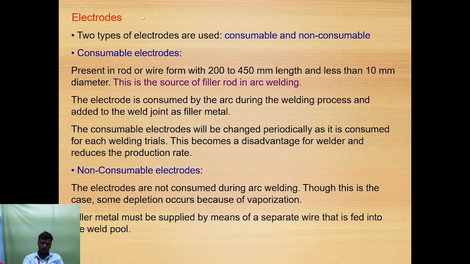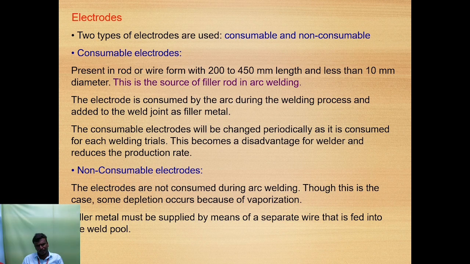Two types of electrodes are used: consumable electrodes and non-consumable electrodes. A consumable electrode is a rod or wire of 200 to 450 mm length and less than 10 mm diameter. This is the source of the filler rod in arc welding.